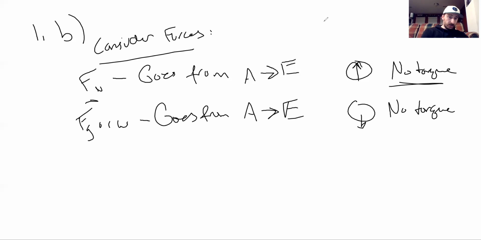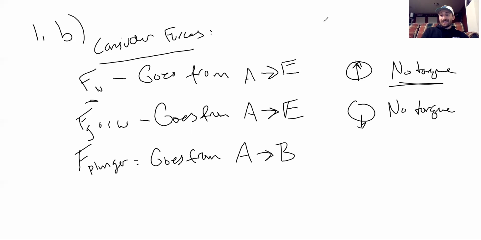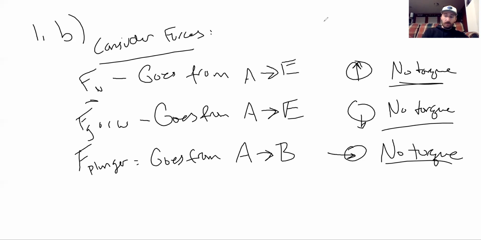All right, let's see, force of the plunger. That goes from A to B. Now, the key here is the force goes directly through the center of mass. You're pushing straight on. It causes no rotation, so there's no torque and no change in angular momentum.